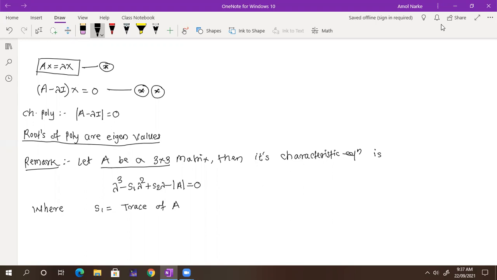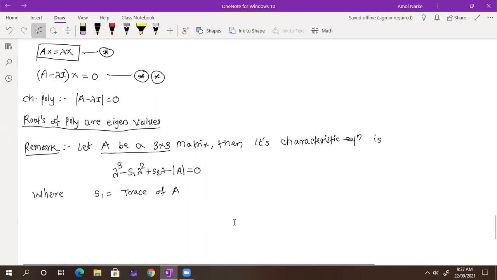What is meant by trace? Trace of a square matrix. Sum of diagonal elements. Correct. Yes, sum of diagonal elements.